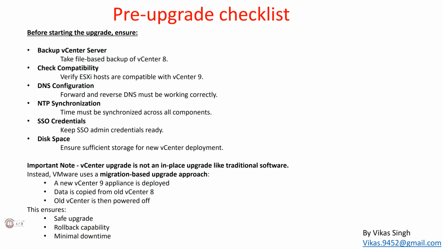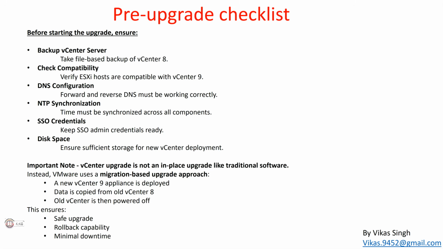You don't have to do too many things, but you need to make sure of a few things before going for the upgrade. These are the pre-upgrade checklist. Backup your vCenter: take a file-based backup of your vCenter 8, so if something goes wrong you can restore or recover from it. Check compatibility: verify ESXi hosts are compatible with vCenter 9.